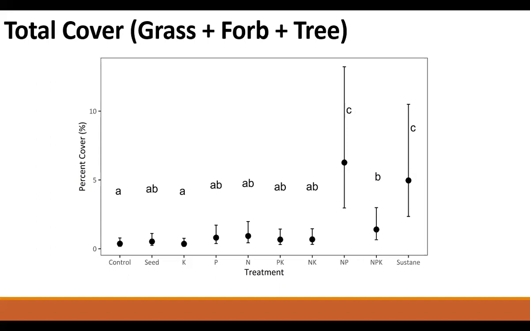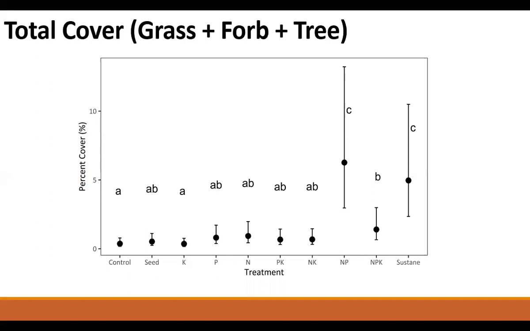For this first plot, and every other plot, we'll have cover on the Y axis, and then we'll go control, seed only, which is just that native seed mix, potassium alone, phosphorus alone, nitrogen alone, potassium plus phosphorus, nitrogen plus potassium, nitrogen phosphorus, potassium, and then sustain on the end.